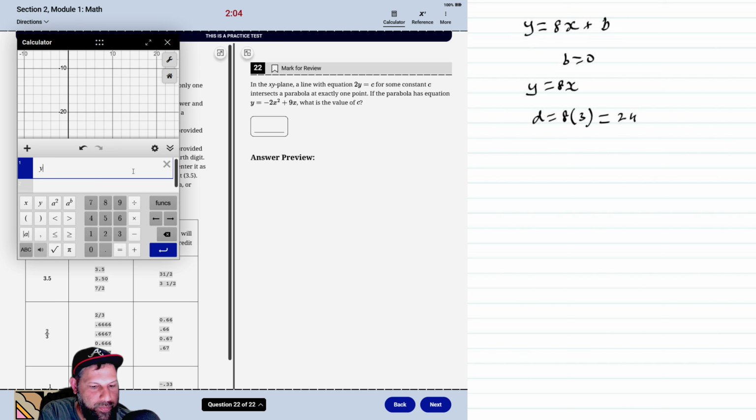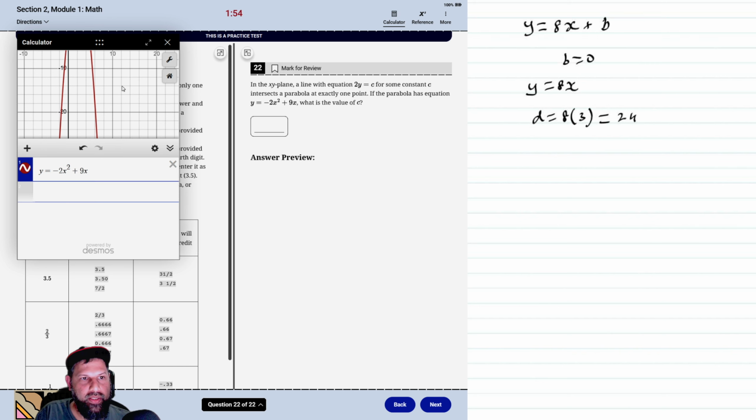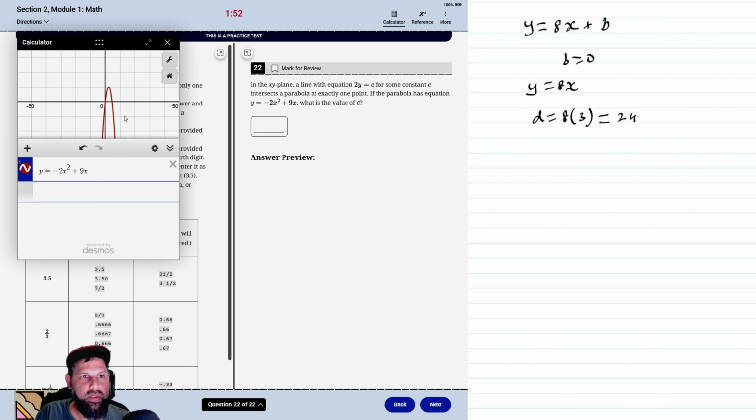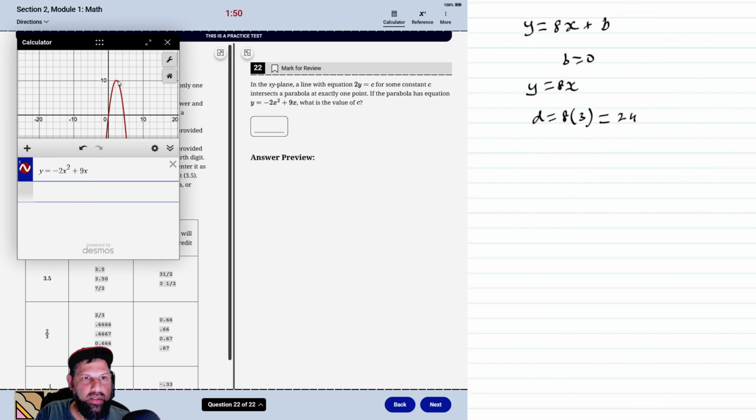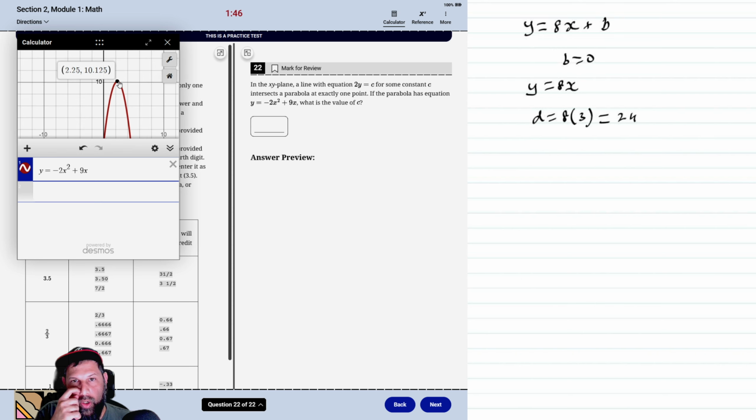So we'll say y equals negative 2x squared plus 9x, and we'll be finding the vertex again. This time it's a parabola going down, and here we're given that we need to find 2y.